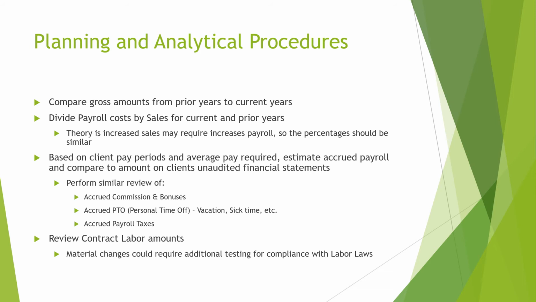You want to look at significant changes in that because maybe the client is trying to avoid payroll taxes and increasing their contract labor, so that they don't come under violation of the labor department or labor laws. So you'll want to intensify your review of that if you see significant changes in contract labor.